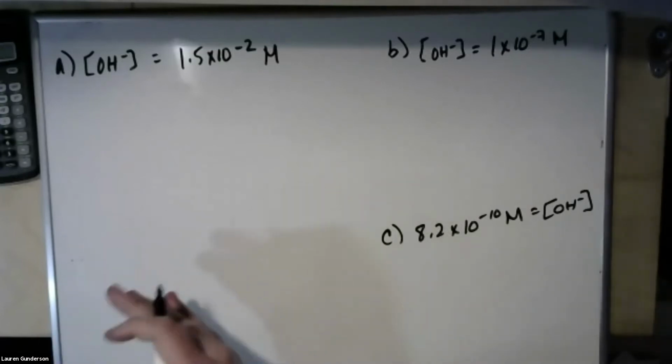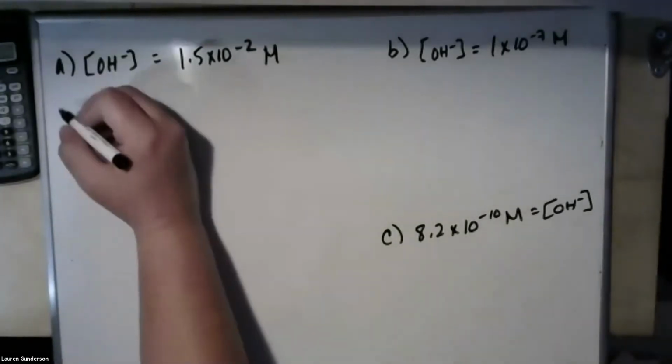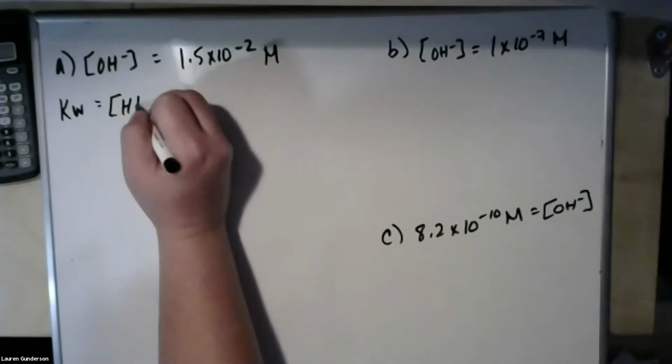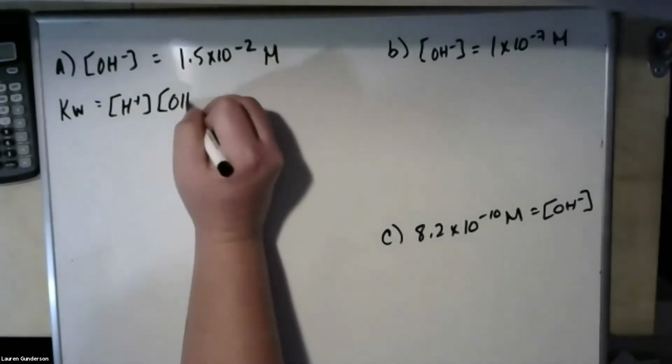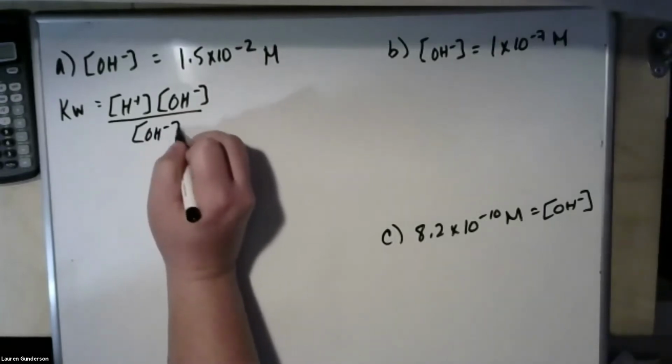So instead of having hydrogen ion concentrations this time, we're given hydroxide ion concentrations, but we're going to solve for our missing variable the same way. But this time we'll divide both sides by our OH minus.